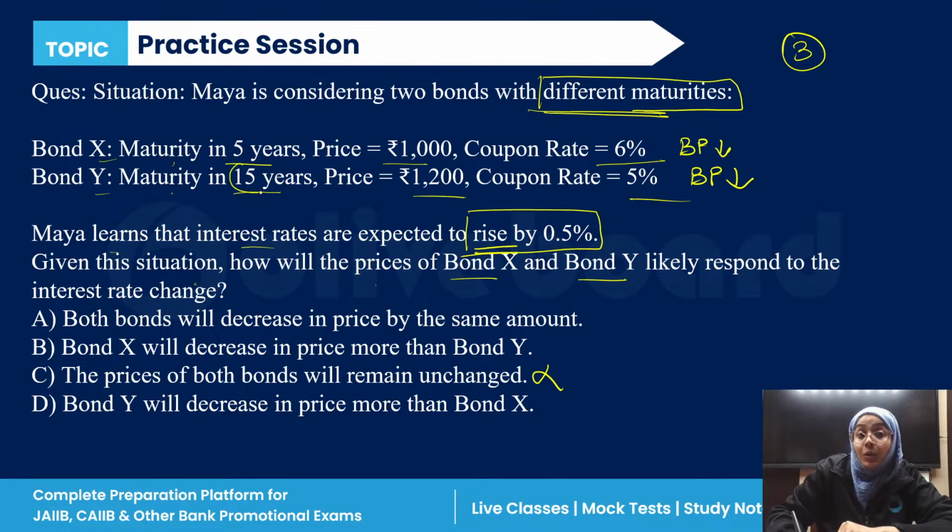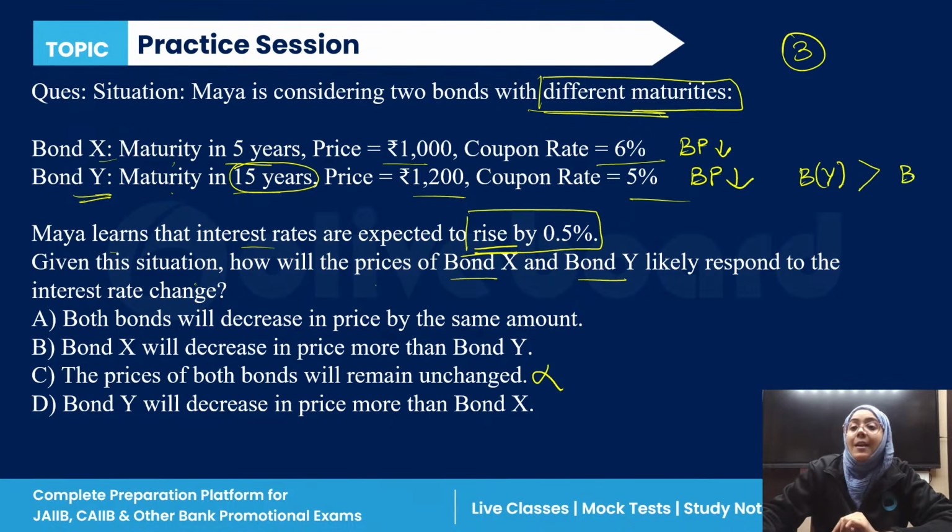Bond Y's maturity is 15 years. So obviously bond Y will be more price sensitive than X. And both the bond prices are decreasing. So bond Y price will decrease more than bond X.